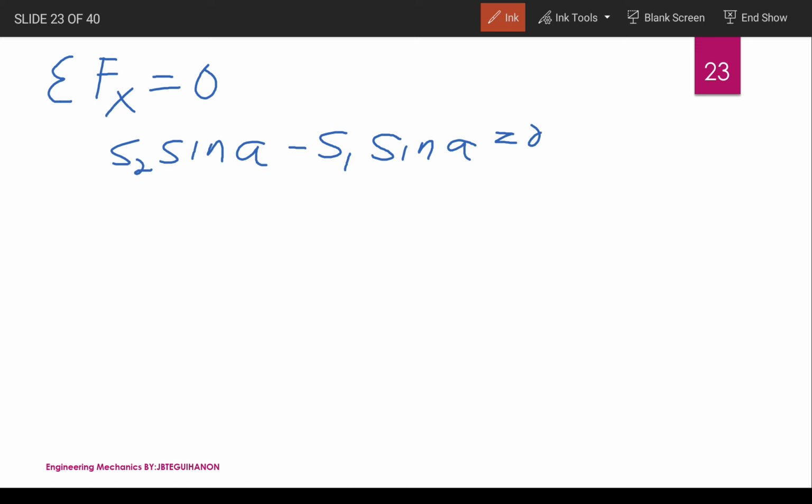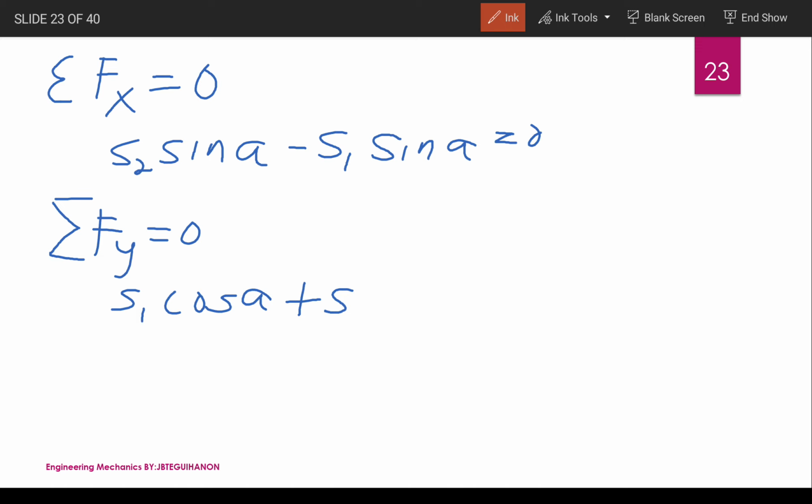And then you have your summation of forces along y-axis is 0, then what you have is S1 cosine naman yan, alpha, tapos plus S2 cosine alpha plus S3 cosine beta.